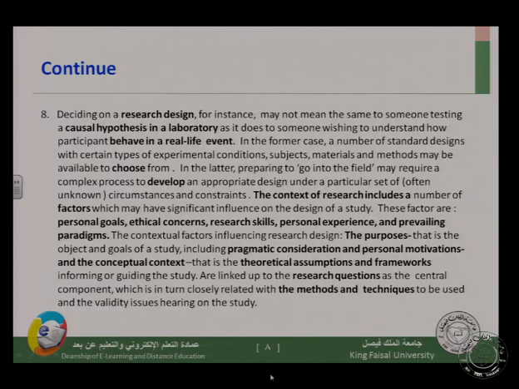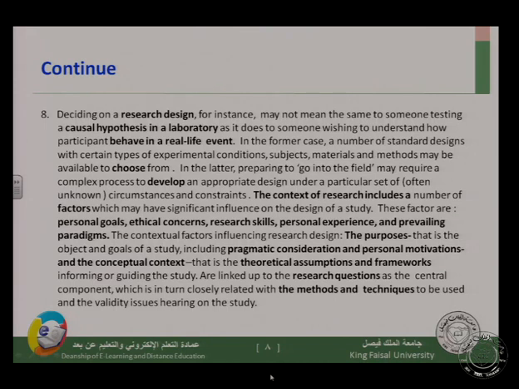Number 8. Now after you have done an overview, after you have identified your position, your topic, you have read so much, and then you have identified the questions you want to answer, then you think, all right, how am I going to design my research?